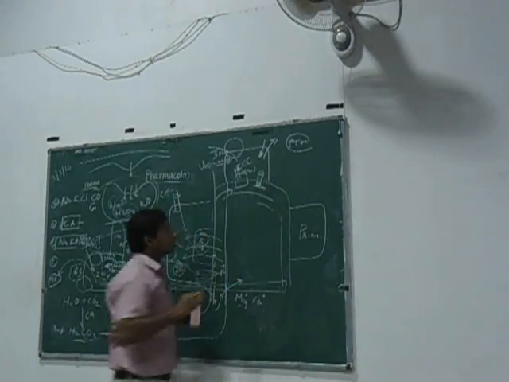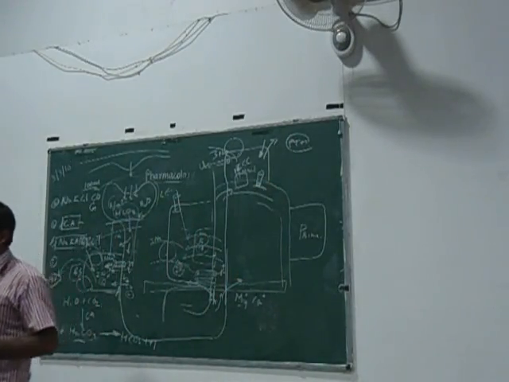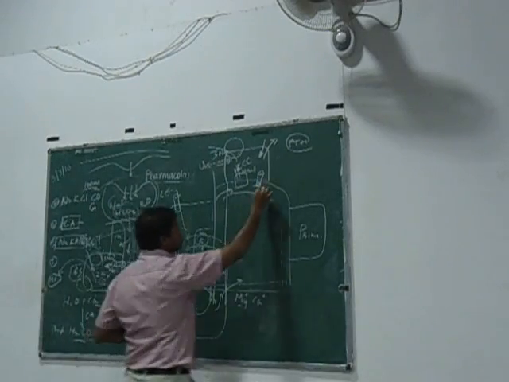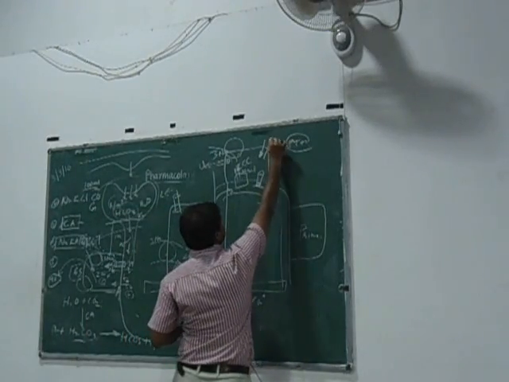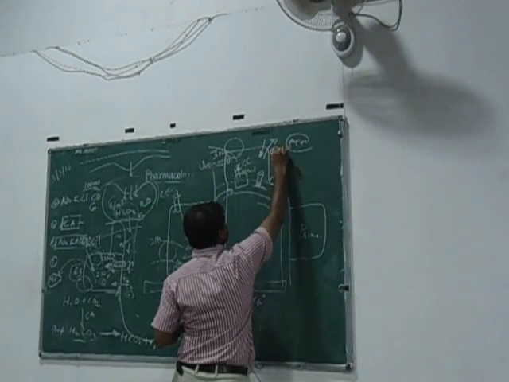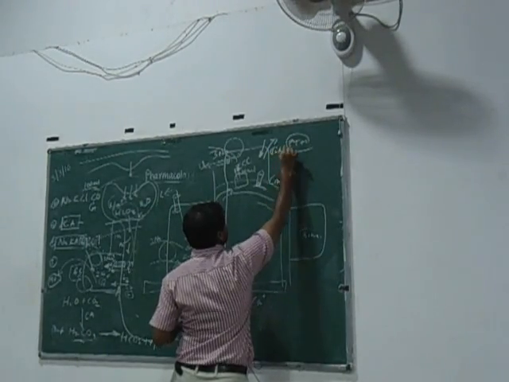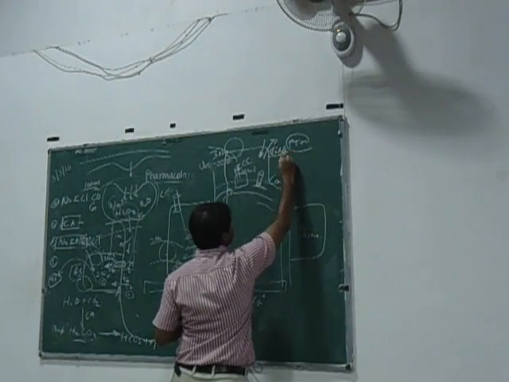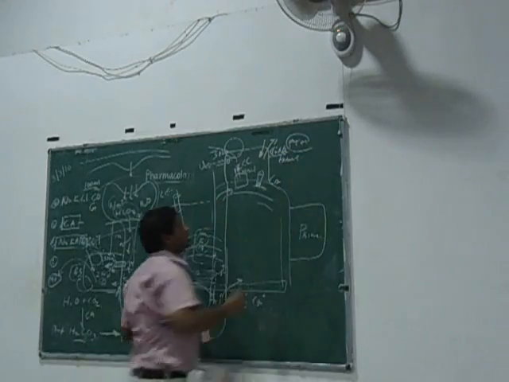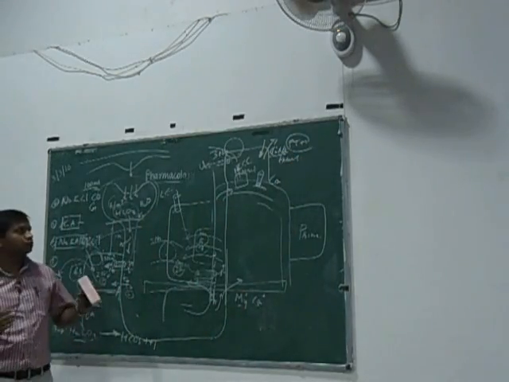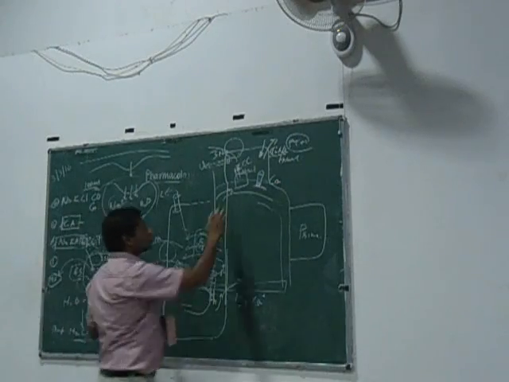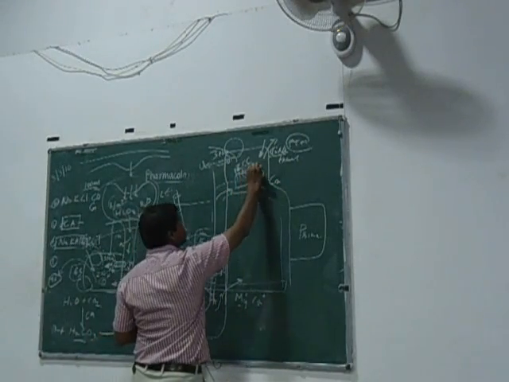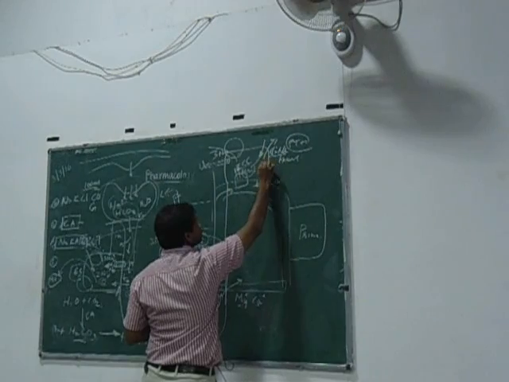Okay. Under the influence of this parathyroid hormone, we have calcium channels at the luminal end, and the calcium sodium transporters. This calcium sodium transporter, what it does, as the sodium chloride which has entered, part of this sodium is exchanged with this.